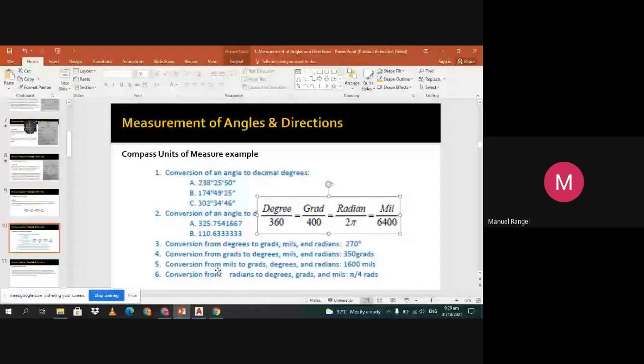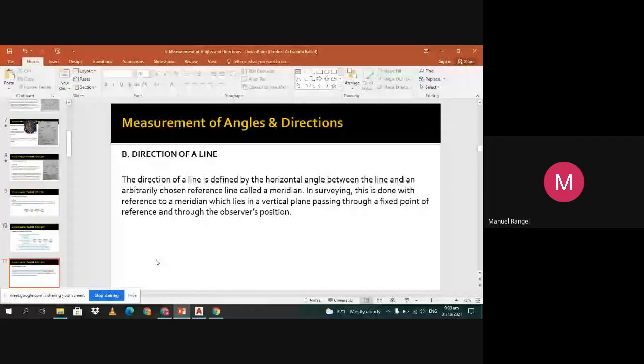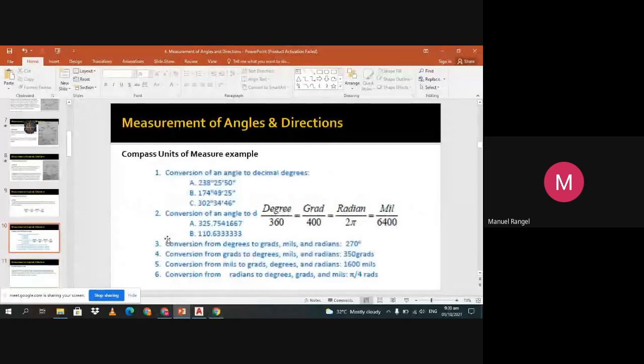For next 4, 5, and 6, kamo nalay solve compute sa inyo. Proceed sa next. Anyway, may naabay questions regarding sa units of measurement sa mga angle?